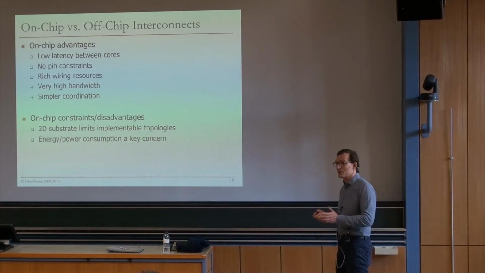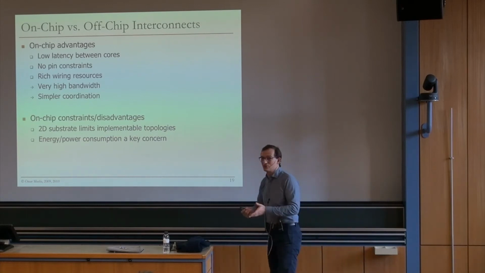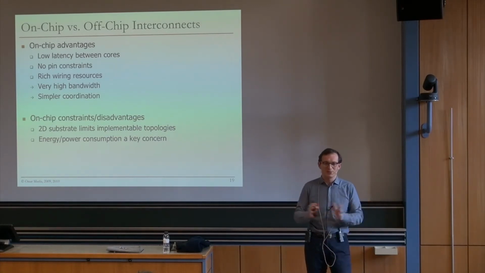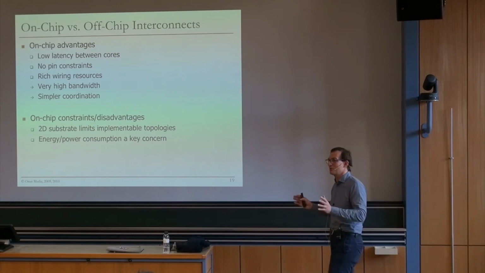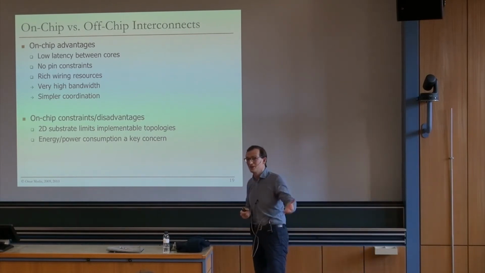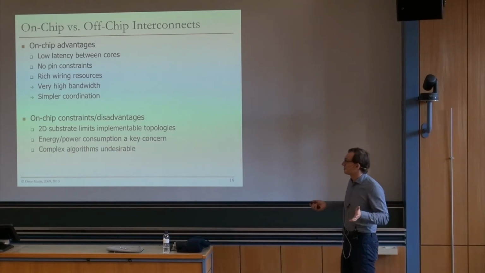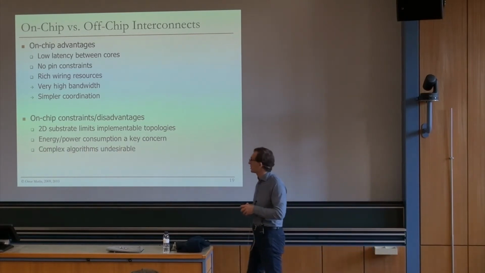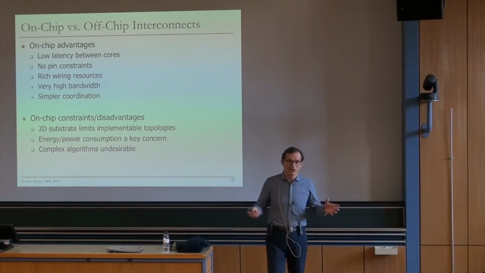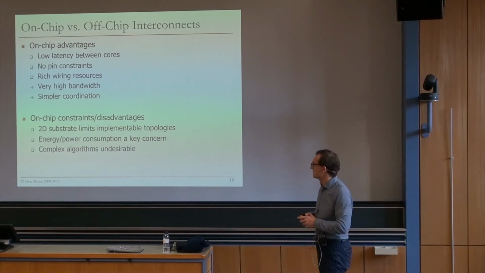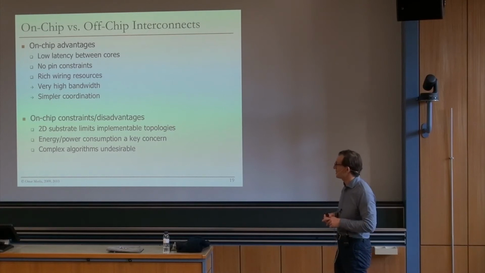And energy and power consumption is a key concern on chip because you're limited. The limited power is true everywhere, but on chip you may actually have even more constraints because you have things that are consuming that power, like processing elements. So complex algorithms are usually undesirable because what you put over here is really hardware-based algorithms, and in hardware you don't want complex algorithms in general.